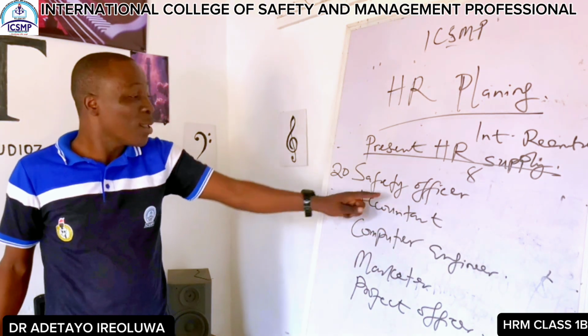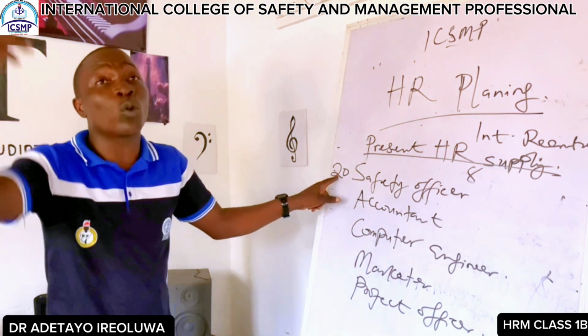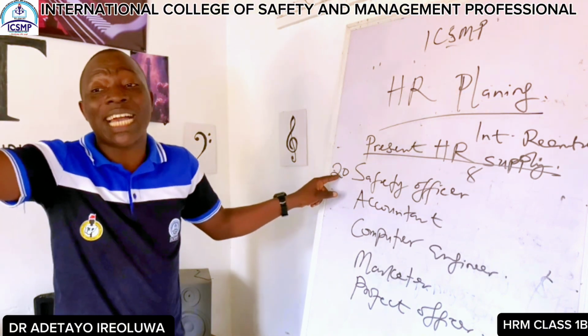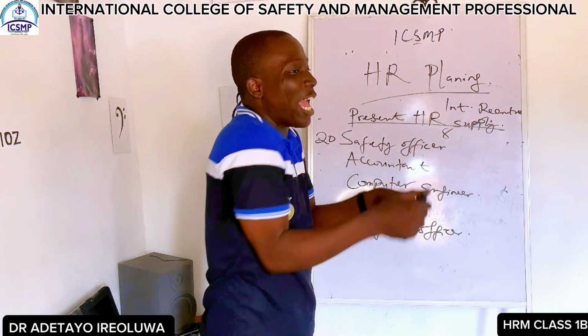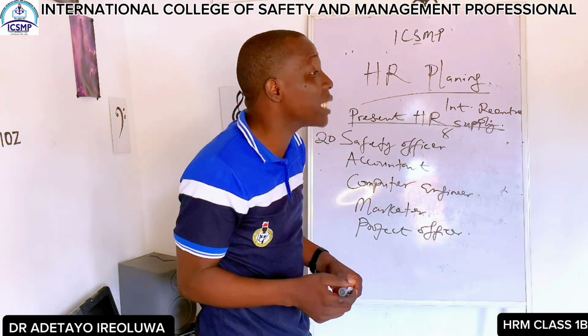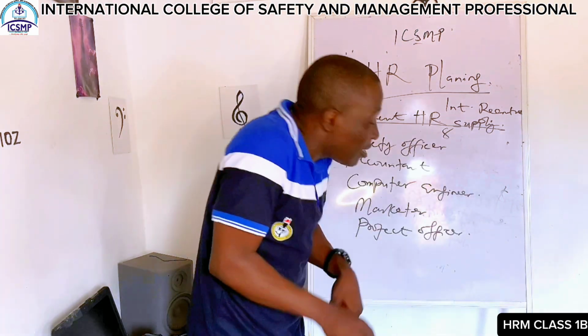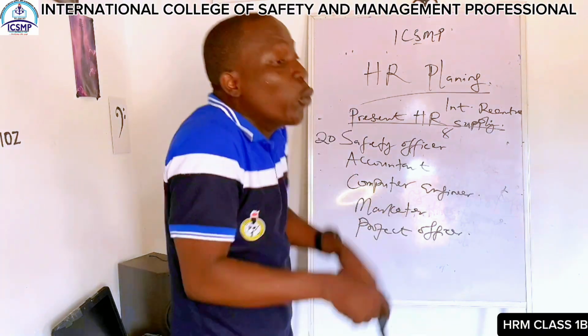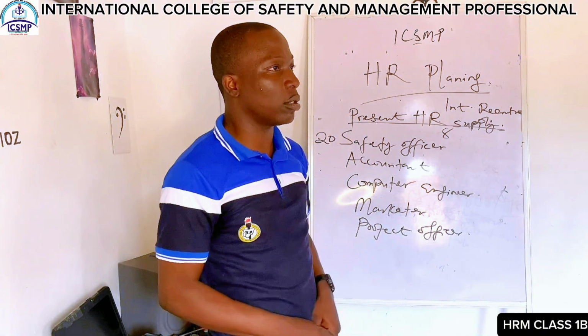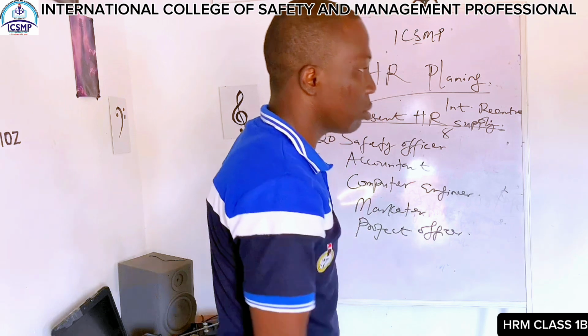Do you understand? So instead of you looking for 20 outside, it means you no longer need 20 outside, because your present HR supply now shows you that, come on, Mr. HR, you have 8 persons who can still fit in that position within the organization without going out.